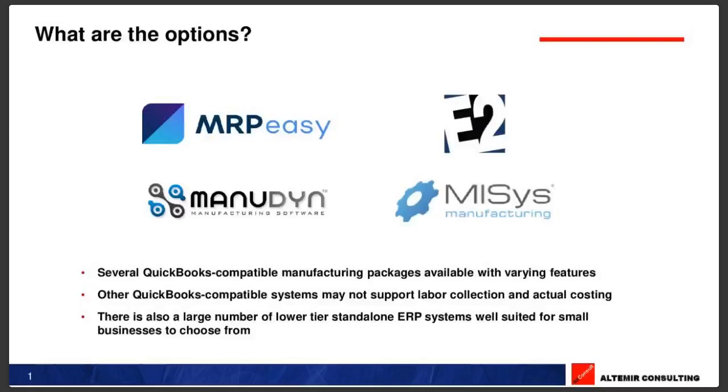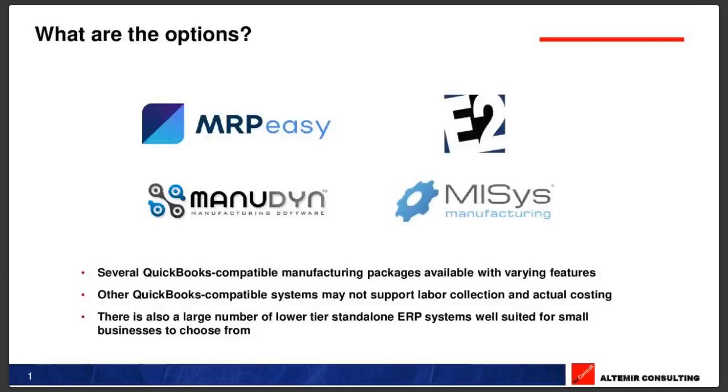E2, Manudyne, and MySys also have interfaces with QuickBooks, and they have a lot of the same bells and whistles in terms of inventory control, purchasing, and manufacturing shop floor control. In addition to these four options, there's also a very large number of lower tier ERP systems that are aimed at small to medium-sized businesses.